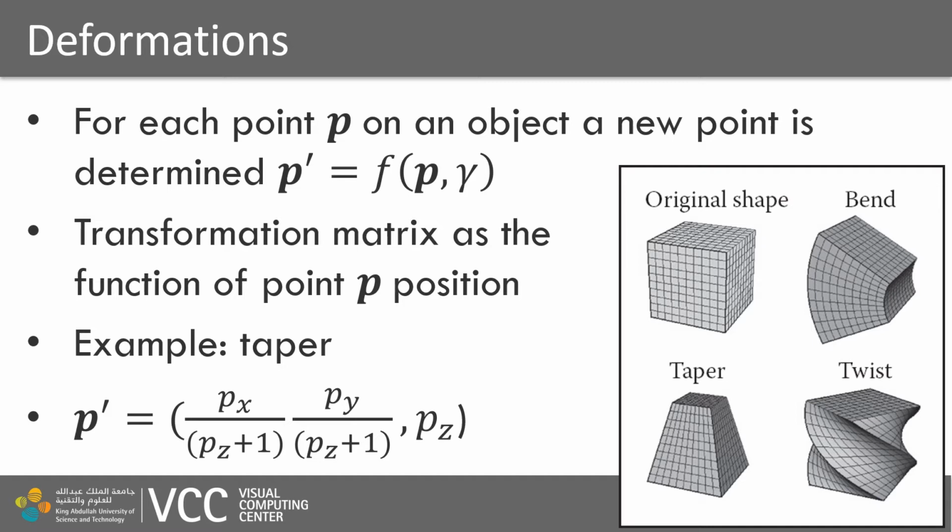Some deformations can be represented by procedural functions, where we have a particular function that takes in some input points of our object and generates some output points based on some deformation parameters. For example, we could have a procedural deformation which will realize bending.